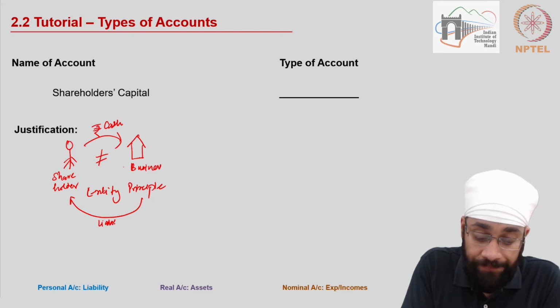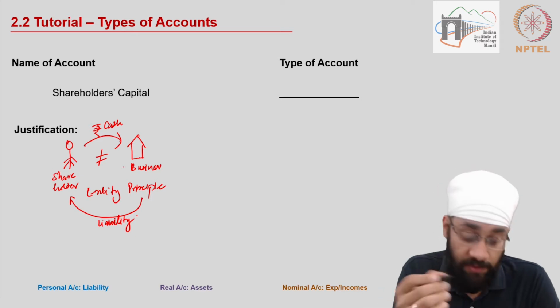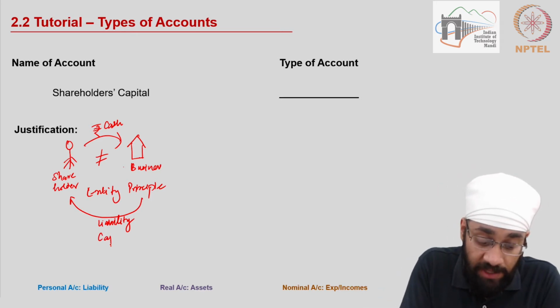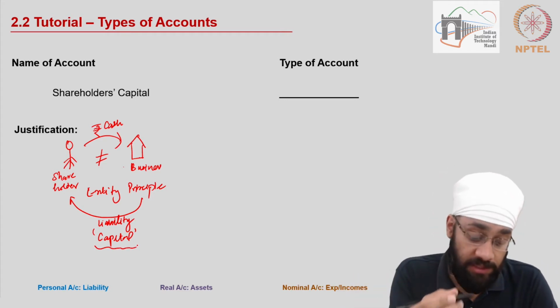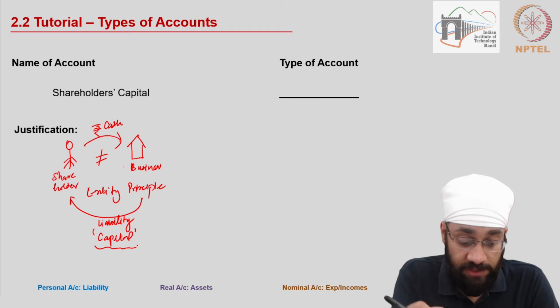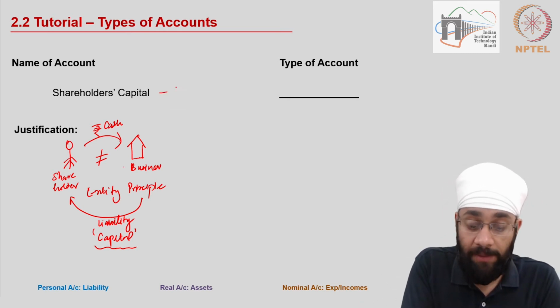Business has a liability towards the owner of the business, and the name of the liability is capital. Shareholders capital is the name of the liability. This is the entity principle that we have discussed earlier. Now, based upon this, we can say that shareholders capital is a liability.